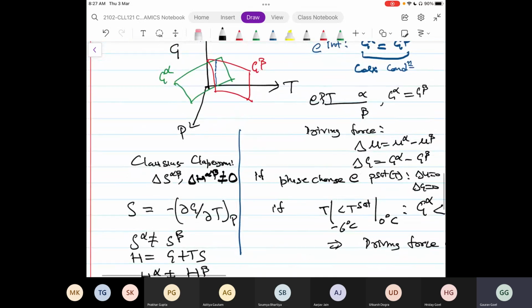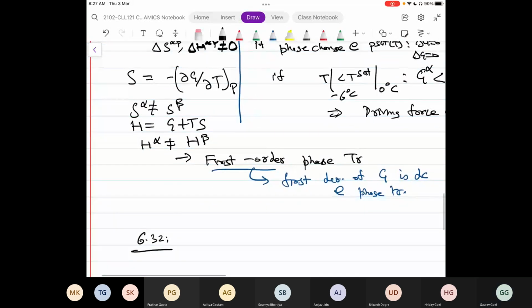Okay. So if I show you the projection of G, just to maybe further clarify it. Let's say I show this projection at 1 bar, and we are plotting this as a function of temperature.